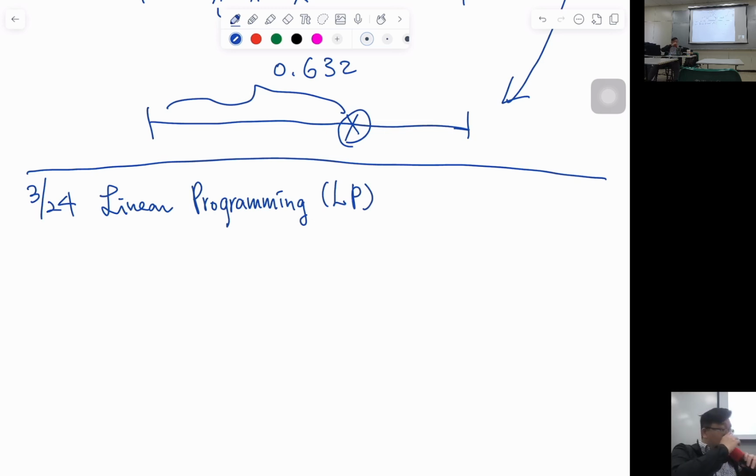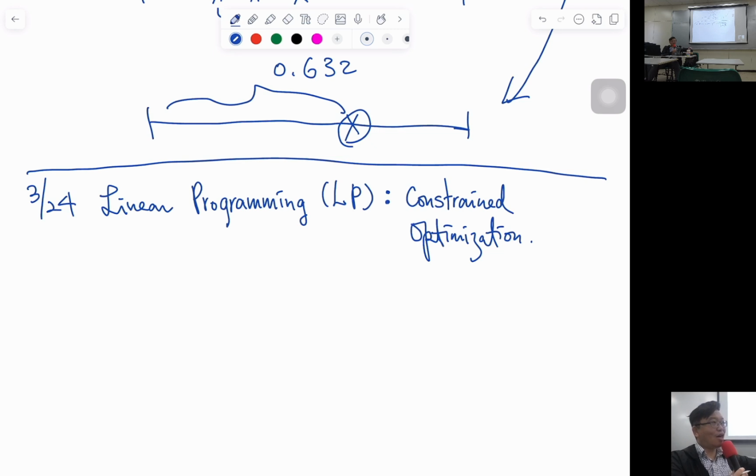Okay, so this week we are focusing on constraint optimization. So finally, we can start to handle constraints. And actually, they are quite troublesome.